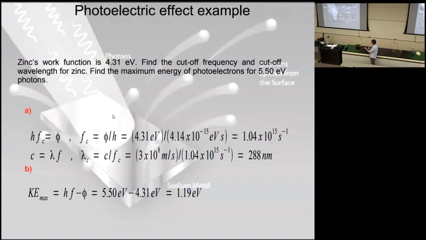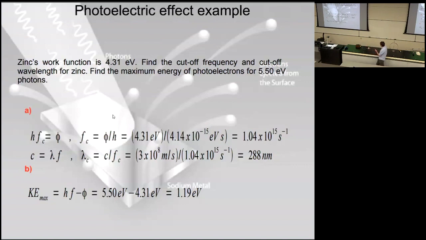We can just use that old recipe here: speed, wavelength, frequency. We can rearrange it for the cutoff wavelength in terms of the cutoff frequency. It's just the speed of light divided by that frequency. It's about 288 nanometers, so that's in the ultraviolet. Visible light won't eject electrons from zinc. You need ultraviolet light for zinc.